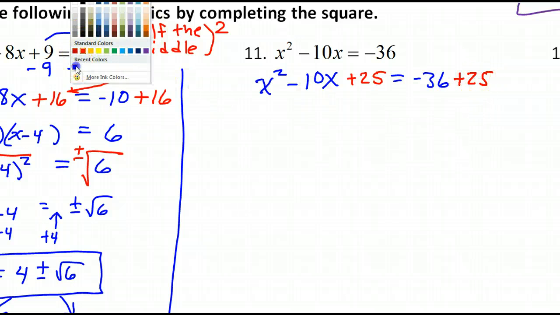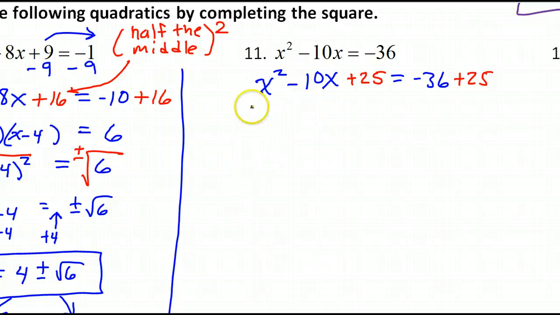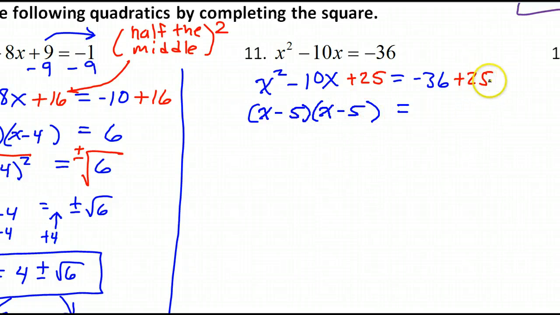Okay, once again, once you complete the square, that guarantees that this will factor as the same thing twice. So this is going to be x minus 5, the minus comes from this, and x minus 5 again. Now if I add these together, this is going to be negative 11.